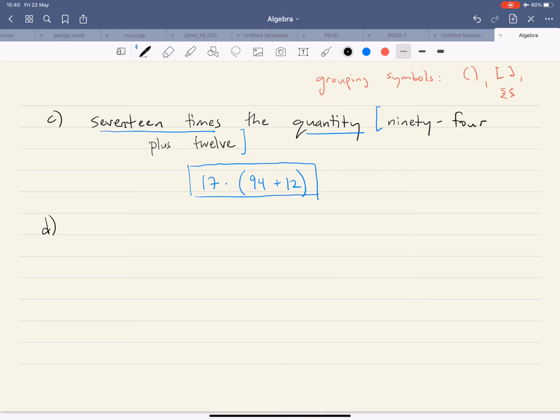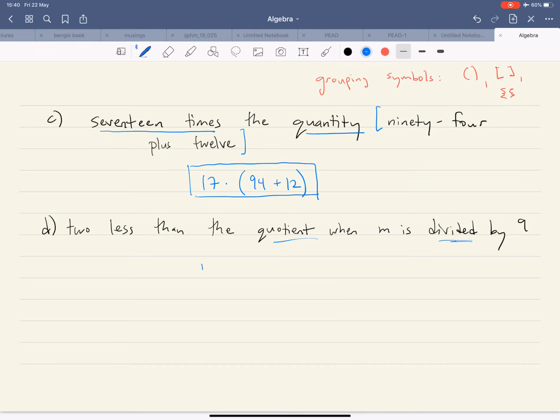So the last phrase that we'll take a look at is 2 less than the quotient when m is divided by 9. So quotient tells me that I'm going to do division.